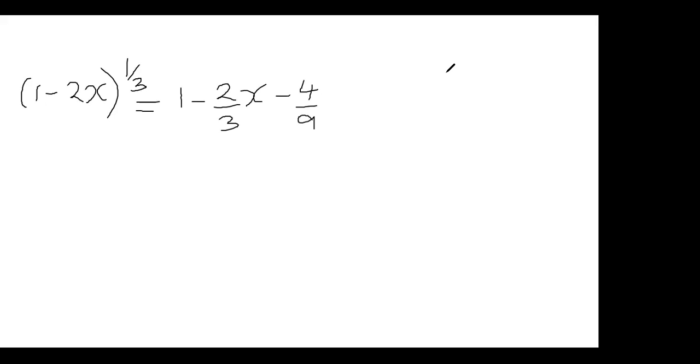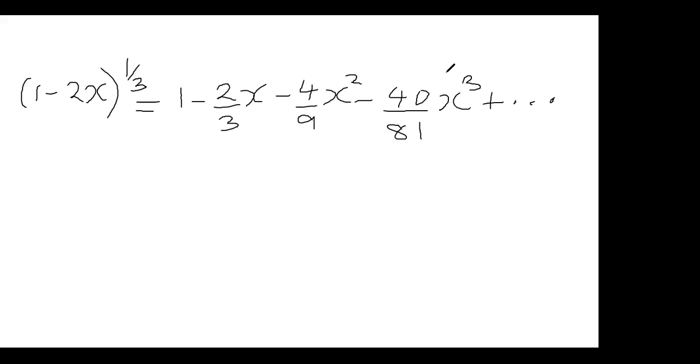You can simplify those. We need to save time for other important things. Then - (40/81)x^3, then plus dot dot dot. Okay, so we have our expansion.